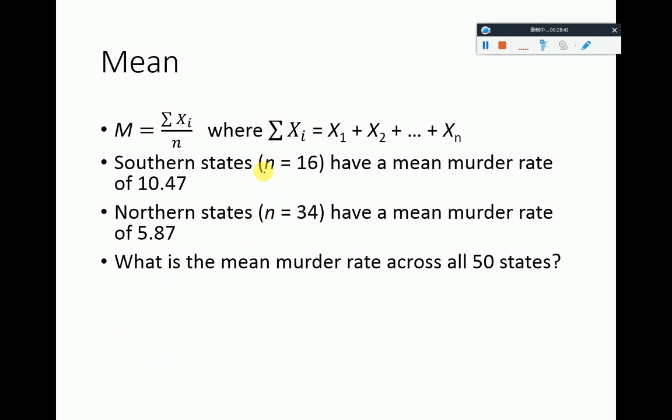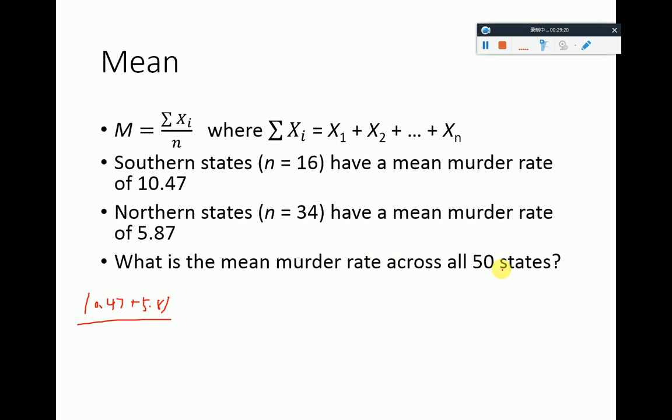Okay, so you think, well, this is easy. We have 2 values. That's sort of like the x's here, right? So we have x1 as 10.47, the second x as 5.87, and then we have n here, very easy.